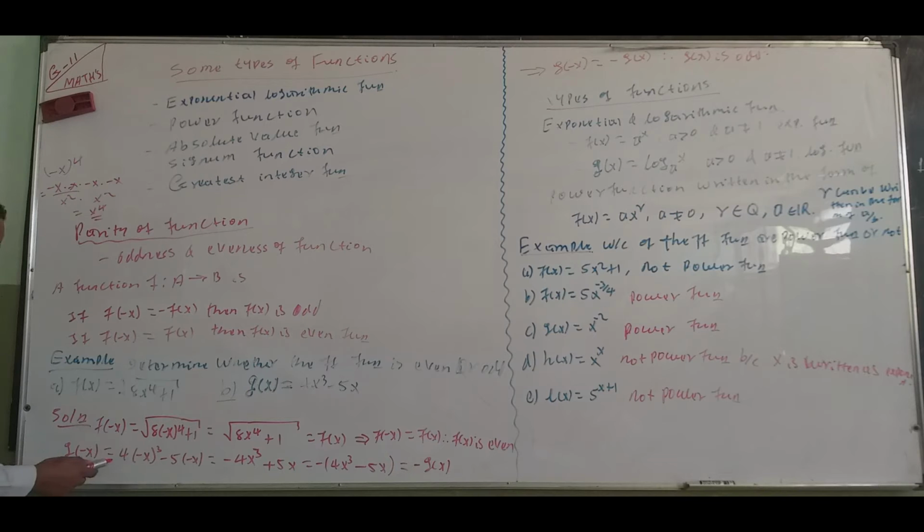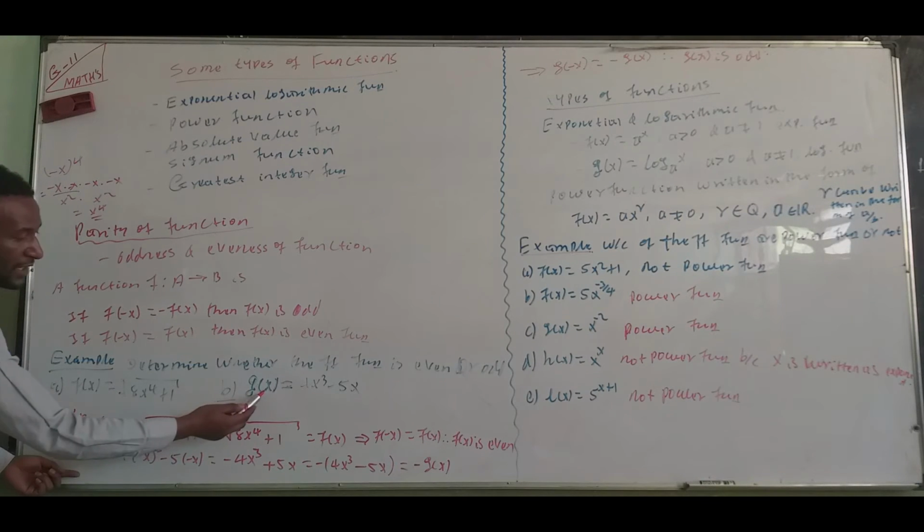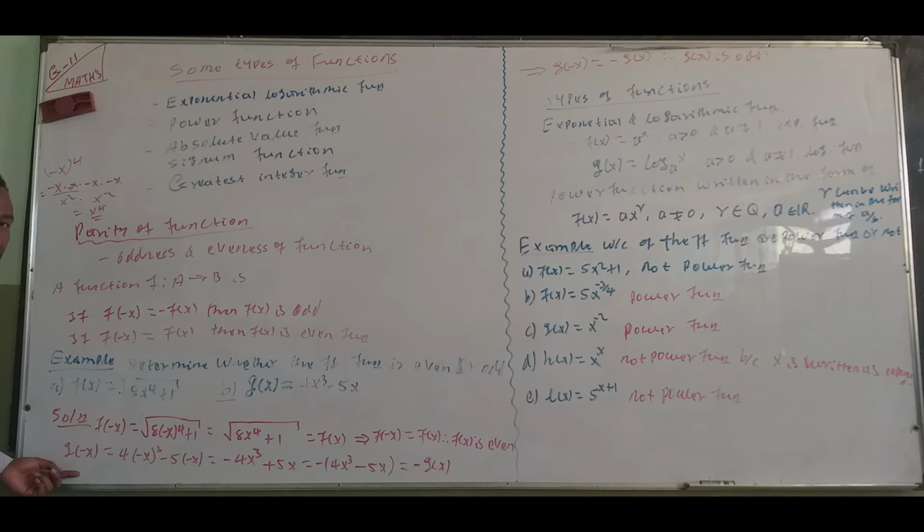G of negative x is equal to, substituting negative x for the independent variable of the given function, 4 times negative x cubed minus 5 times negative x.